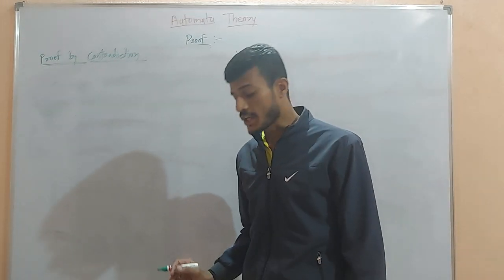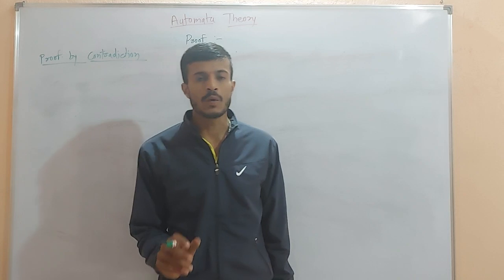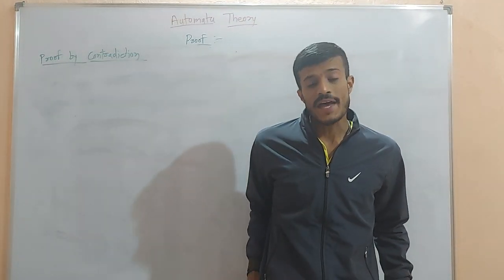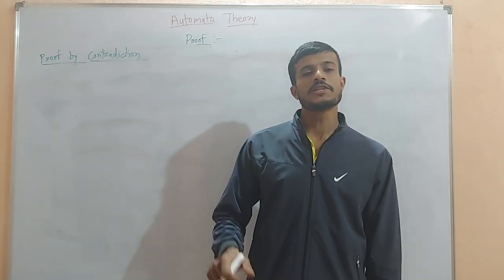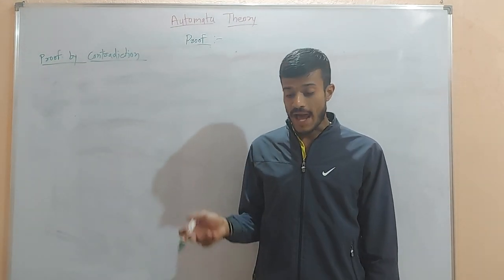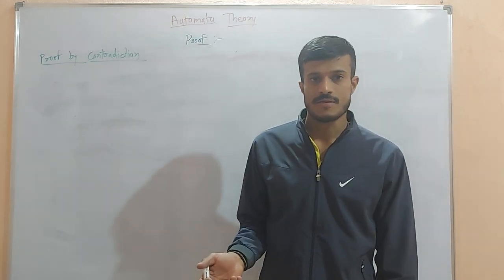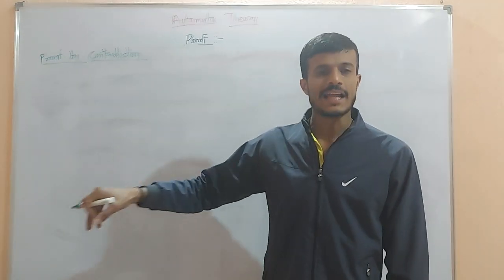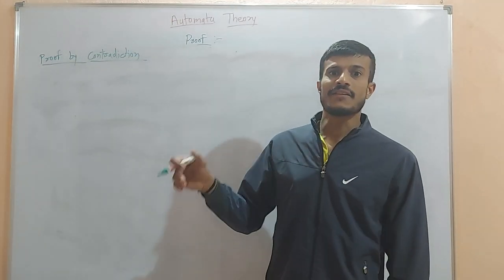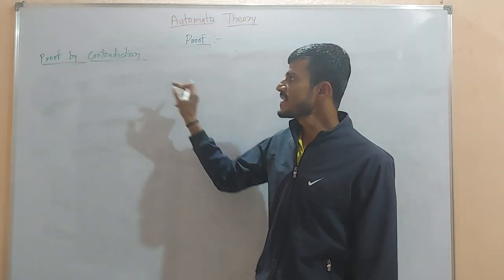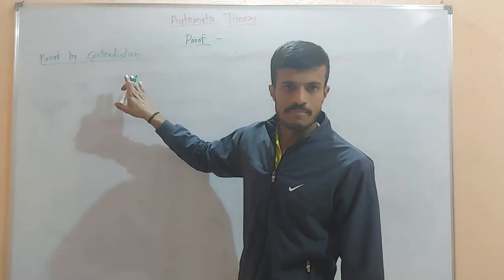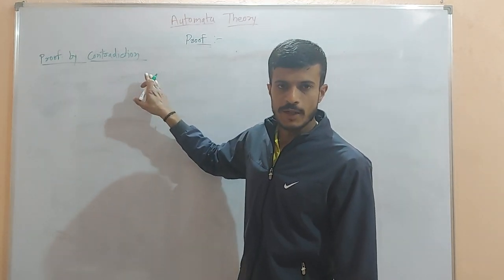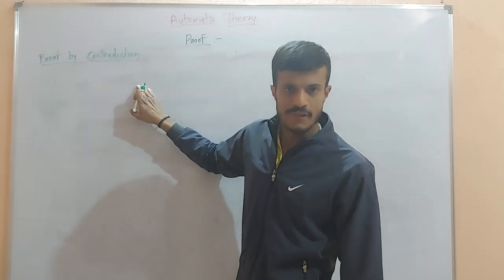In the case of contradiction, let us consider that one statement is given to you. Then what we have to do is assume that the statement is false. By assuming the statement is false, we finally arrive at another false statement, and finally the false will become true. Originally a statement is given to you, and we assume that statement to be false.